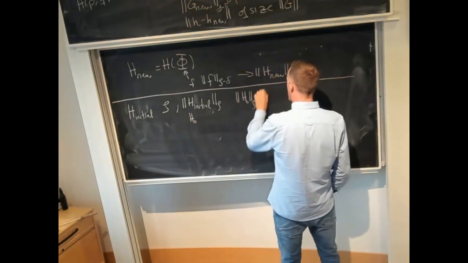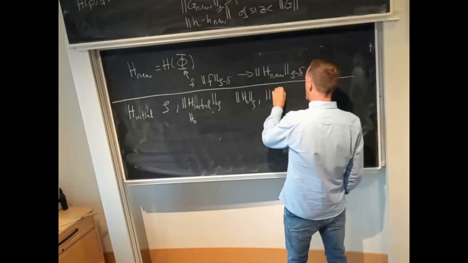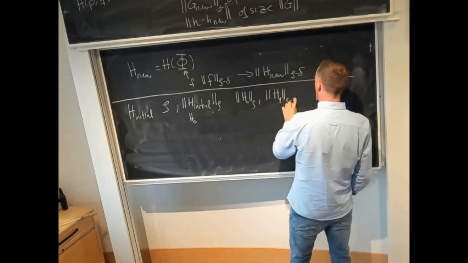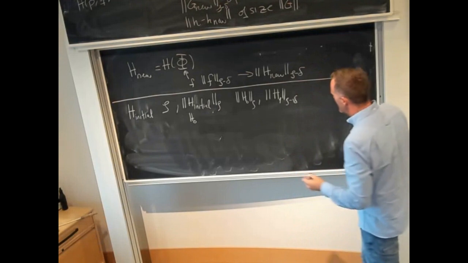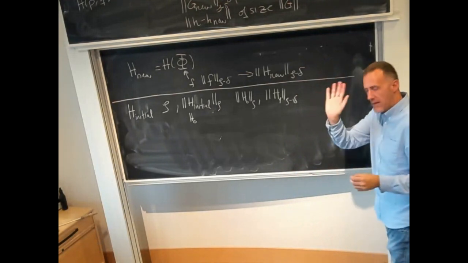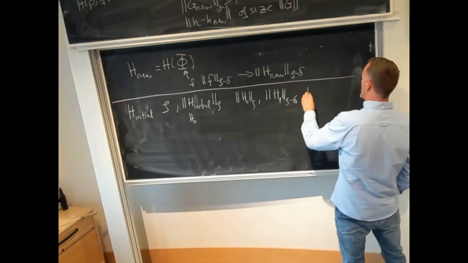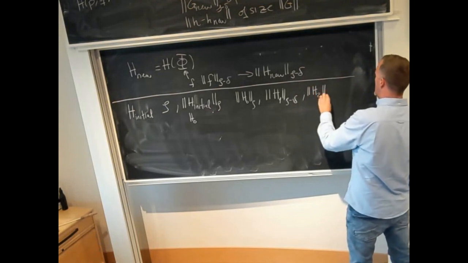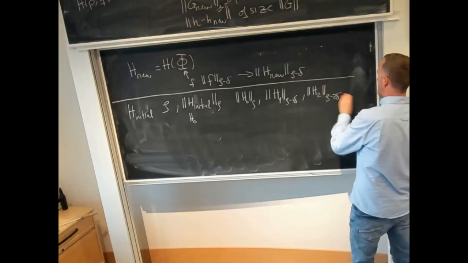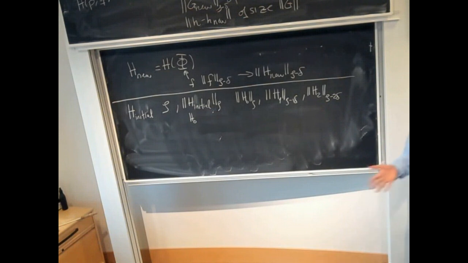Then we obtain bounds for h1, so we need to subtract a delta. Which delta do we subtract? Well, let's say a delta. But what we cannot do is then start subtracting always the same delta.